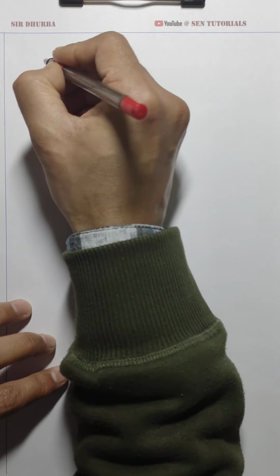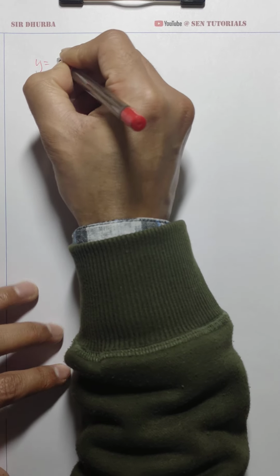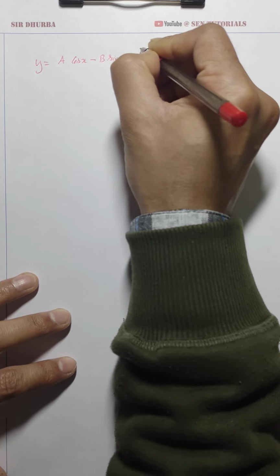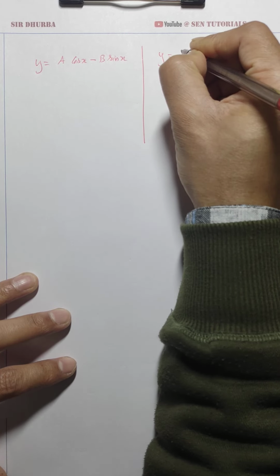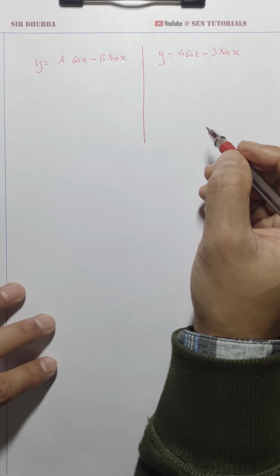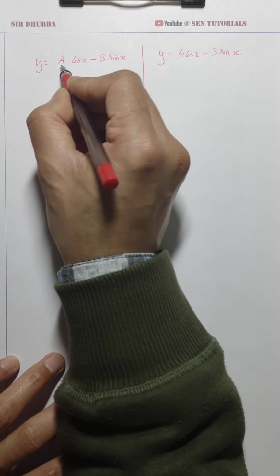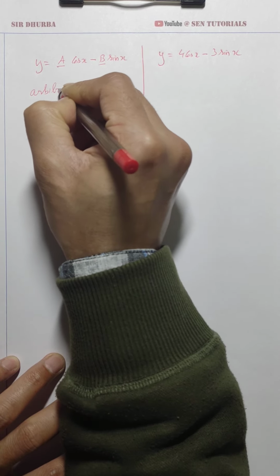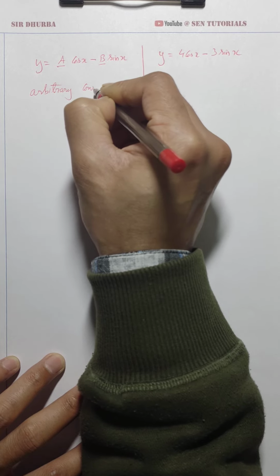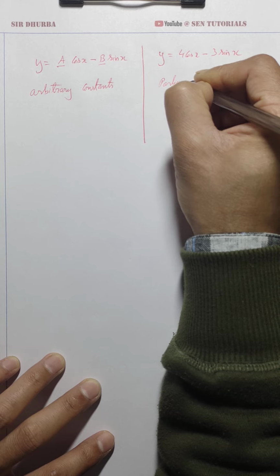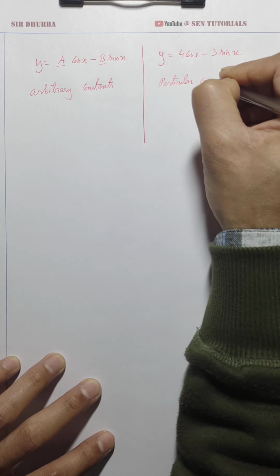Let's move to the next page. So what do we have? The first solution was a cos x minus b sin x. The second solution was 4 cos x minus 3 sin x. If you look at the constants, in the first case we have arbitrary constants, and in this one we have particular or specific constants.